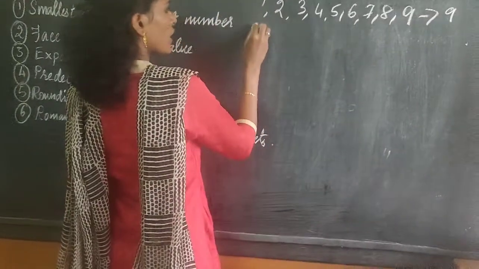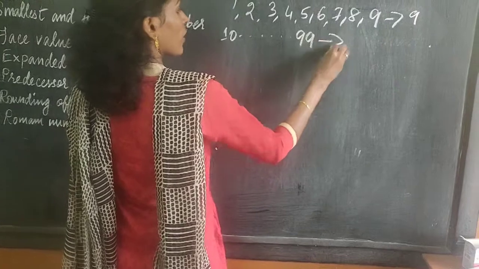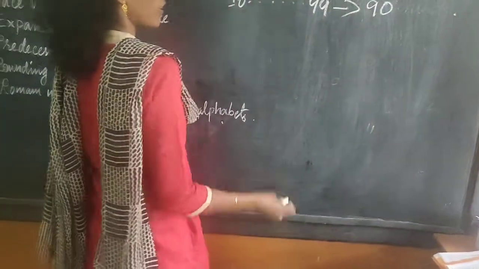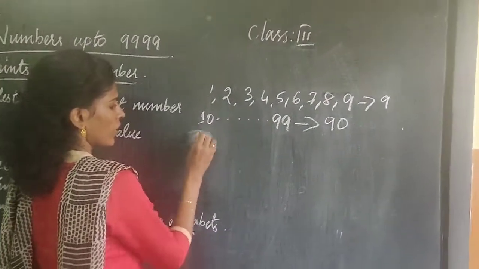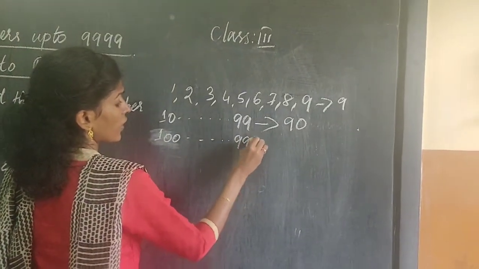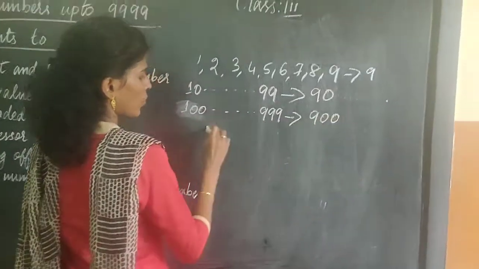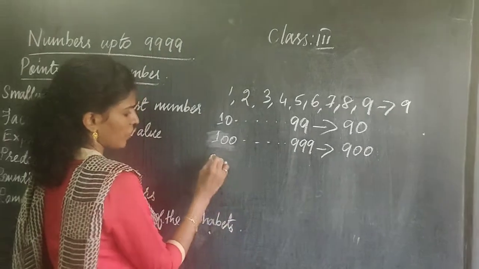Two digit numbers start from 10 and end at 99, and between them there are 90 numbers. Three digit numbers start from 100 and end at 999, and there are 900 numbers between 100 and 999.